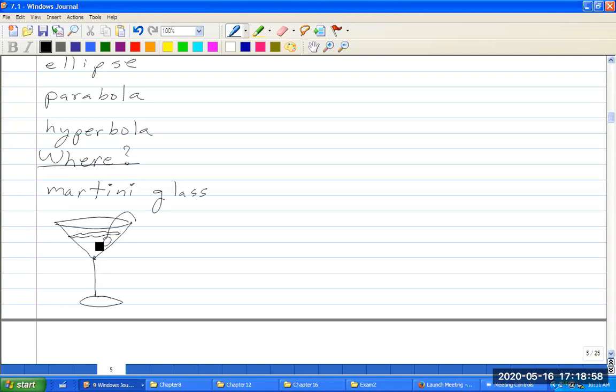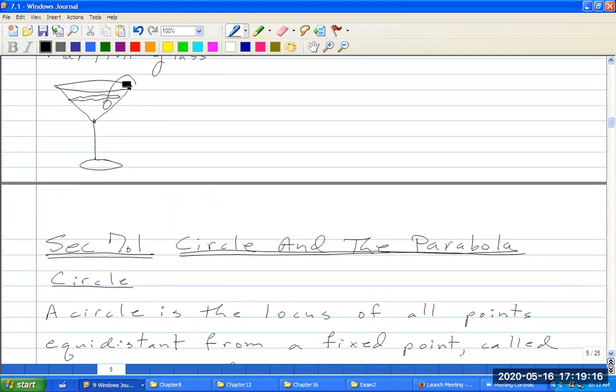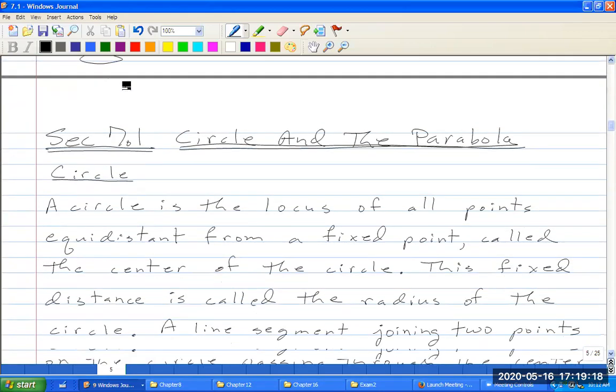Tip it more, hyperbola. Tip it more, it's a line. Tip it more, it's a point. Tip it even more, well, it's nothing. And so you go through the conic sections as you look at your drink in a martini glass.